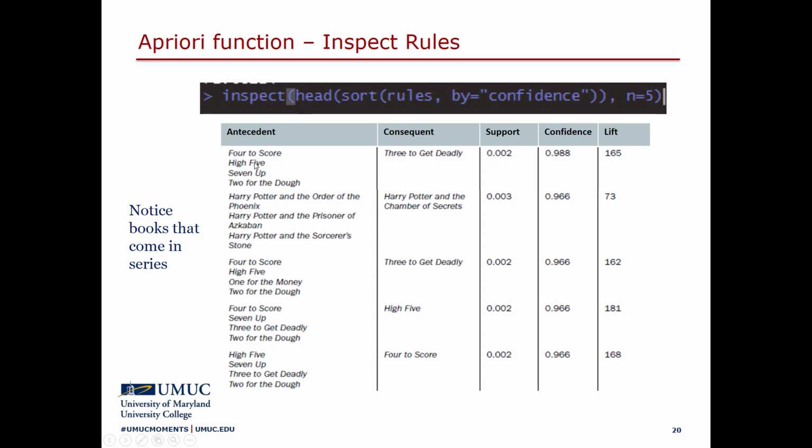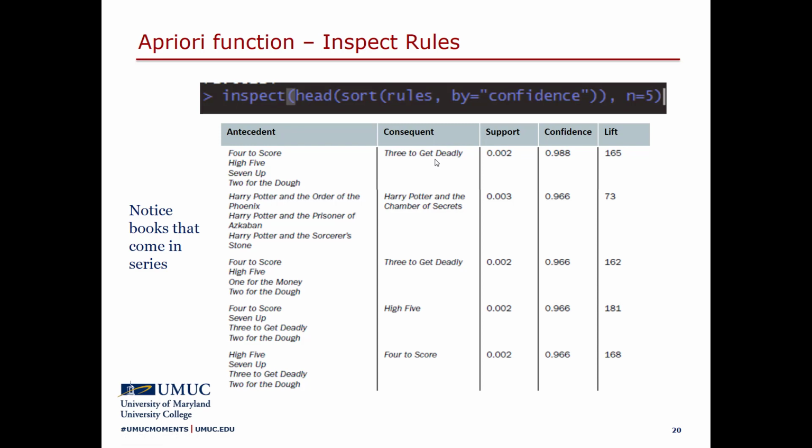So for instance, right here, the antecedent, or the left side of the rule, these are the books, the items in the transaction. So these 4 items on the antecedent side are leading to the item on the consequent side.